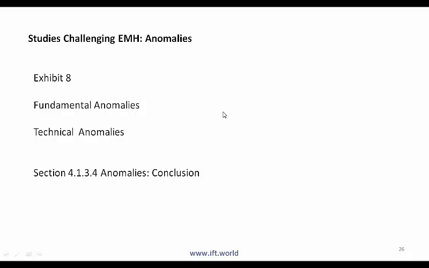What has he found? He has found an anomaly. So you again might recall this from level 1. So what are anomalies? These are studies that challenge the efficient market hypothesis. Now over the last few decades, some of the most well-known anomalies are given in Exhibit 8. Now I don't think you need to memorize this exhibit, but you should have an idea.